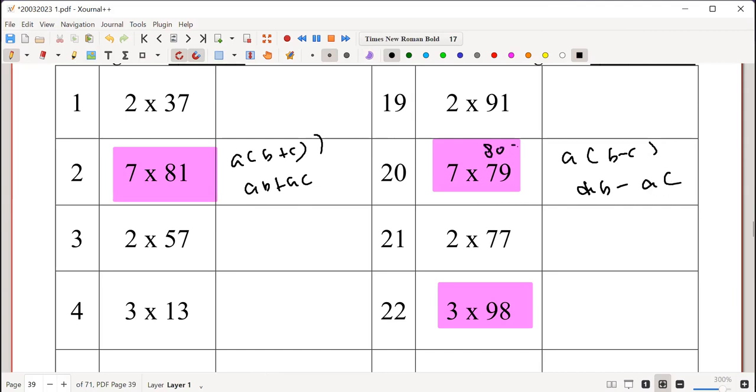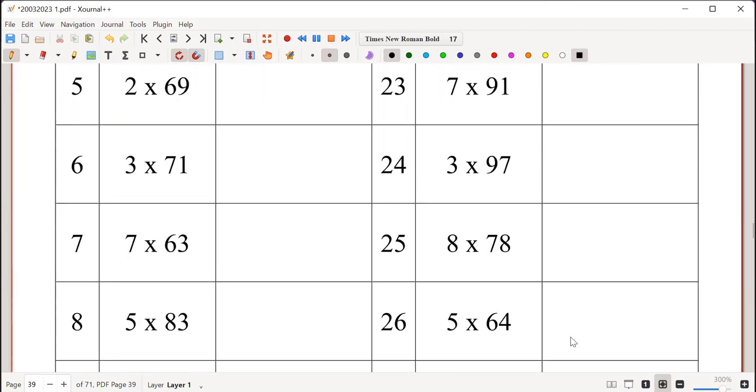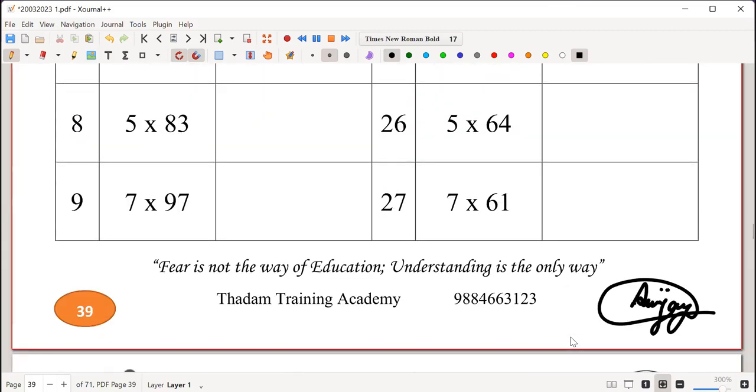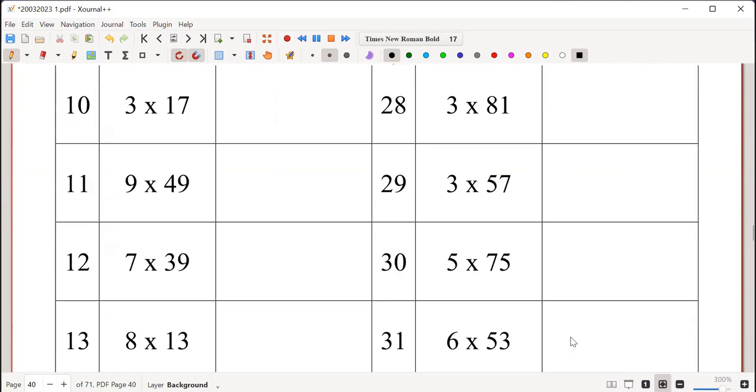So this is 80 minus 1: 560 minus 7, 560 plus 7, 567. 300 minus 6, 294. So I took 99 as 100, then multiplied and subtracted. This basic idea which you get will enhance your skills. Right? Will enhance your skills.